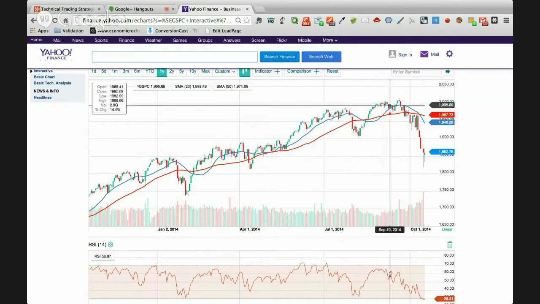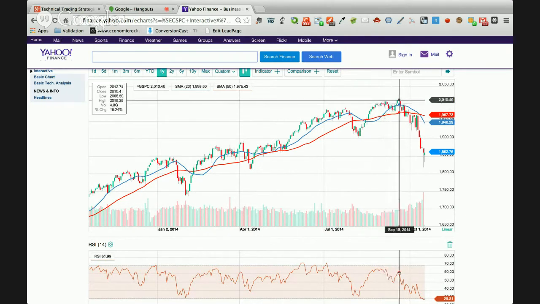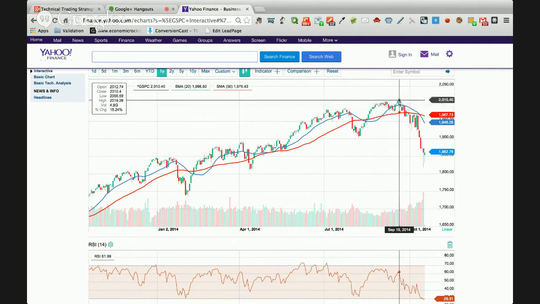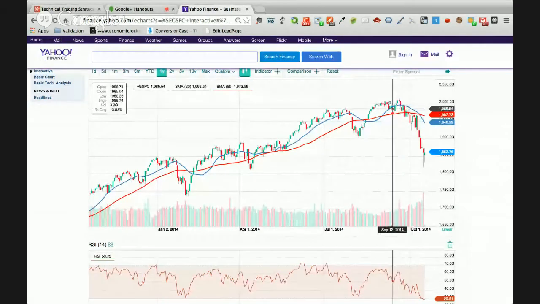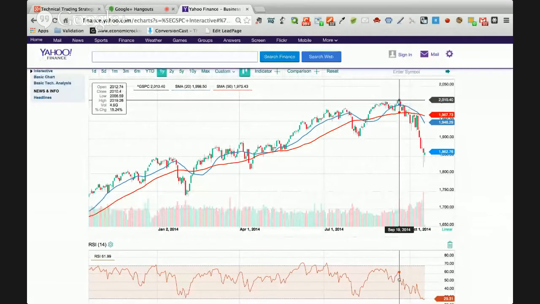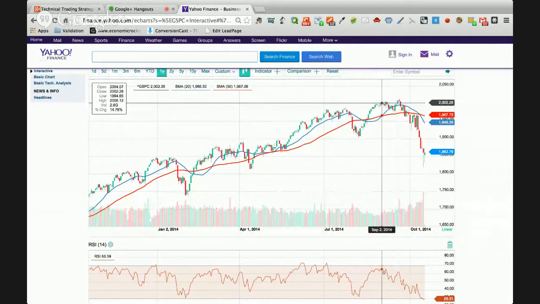But if we look ahead to the next high, we'll see that the high in the S&P 500 is higher than the previous, but the relative strength index high has not surpassed the previous high in its relative strength index.